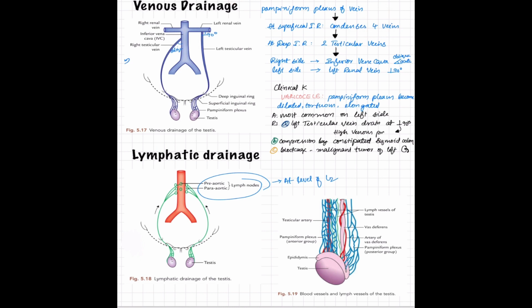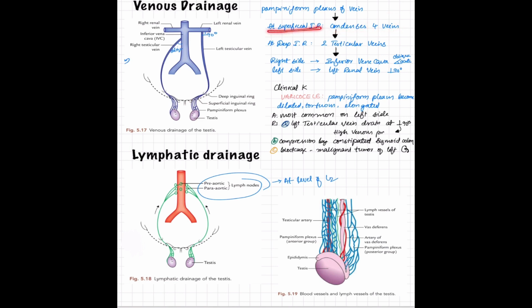So here the venous drainage is mainly from the plexus of veins, the pampiniform plexus. You just have to remember that this plexus of veins condenses to form 4 veins.